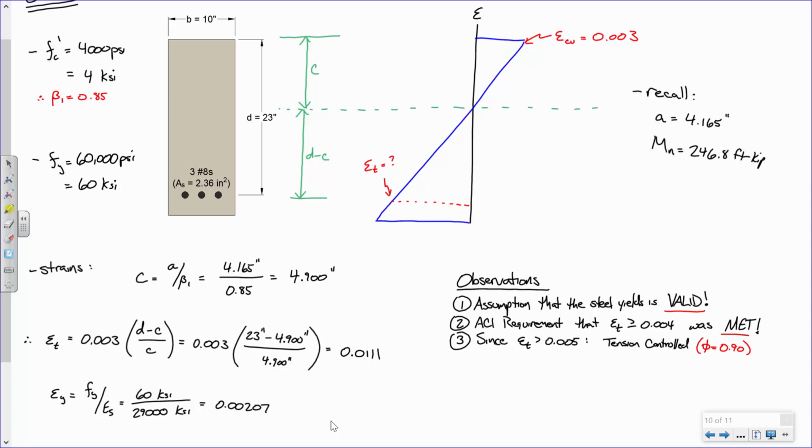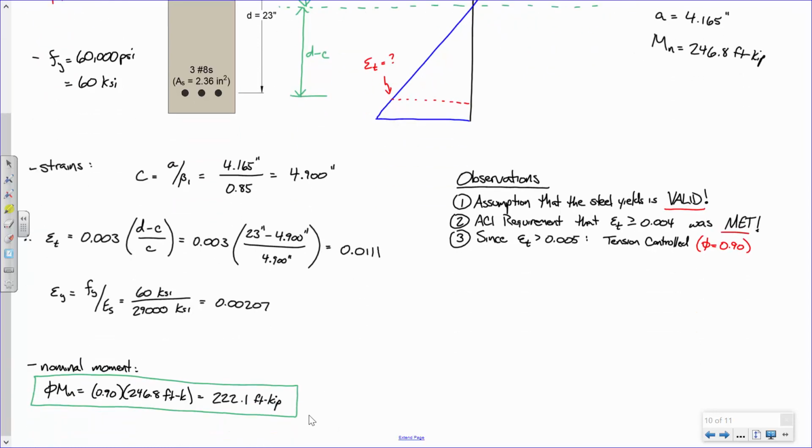The strain in the steel is basically the key factor in determining your strength reduction factor, your phi value. Since this strain is much larger than 0.005, we determine that the section is tension controlled, and our phi value is 0.9. So if we have our phi value and our nominal moment, the phi Mn calculation is quite straightforward.